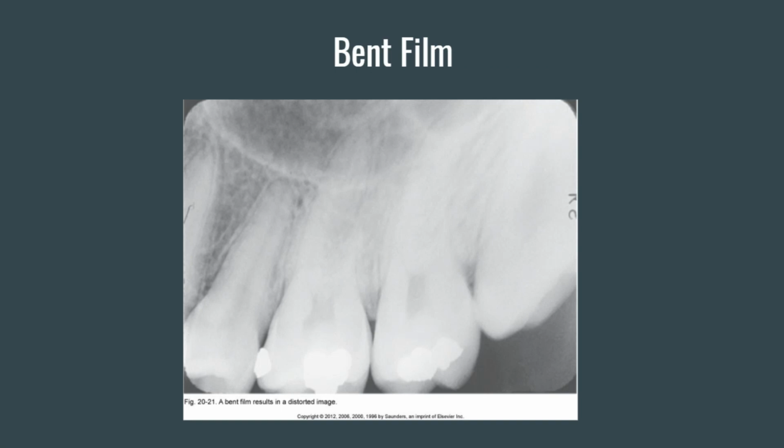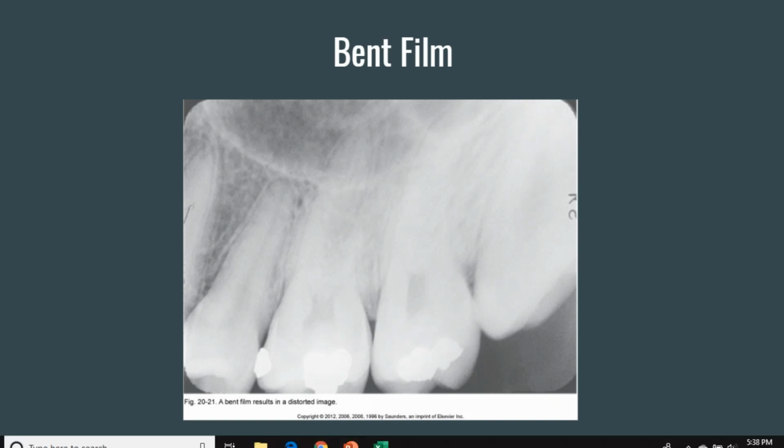A bent film. You can see if you look in this upper area, see how these teeth are rather distorted? That is because the film was bent, so the image is going to appear kind of stretched and distorted.